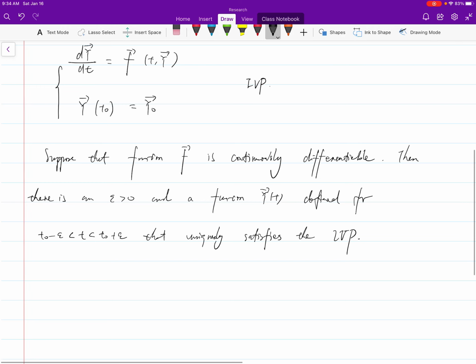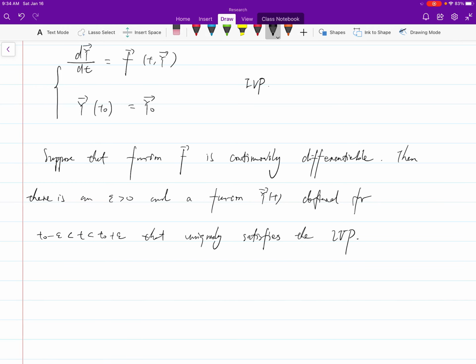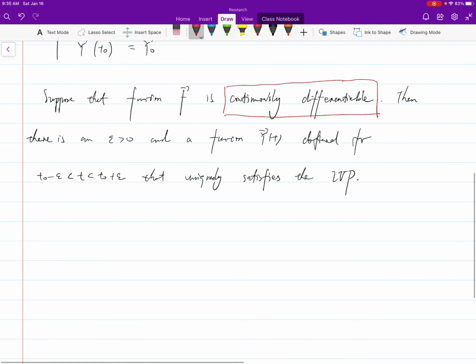So the solution exists, meanwhile it is unique, given this critical condition. And of course, every time we do this, we always consider them on a small rectangle. Let's take that back, on a finite rectangle. It doesn't necessarily have to be small. Okay, continuously differentiable. Then this is gonna work.